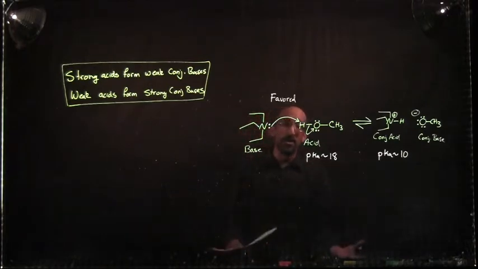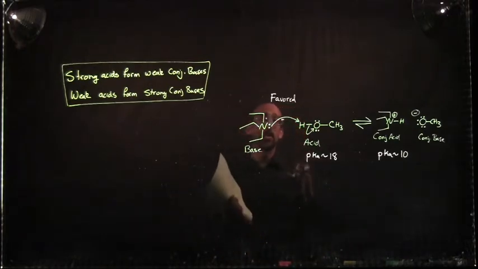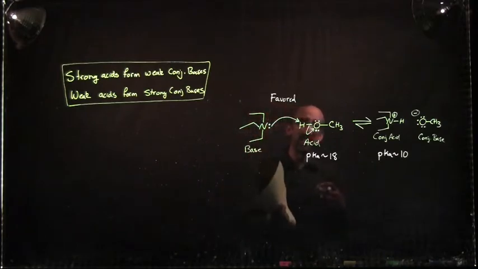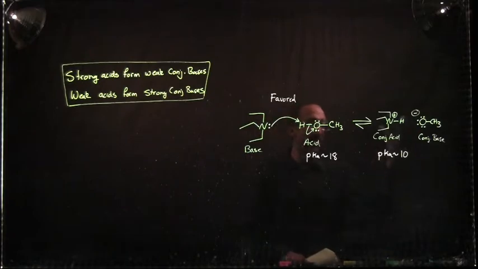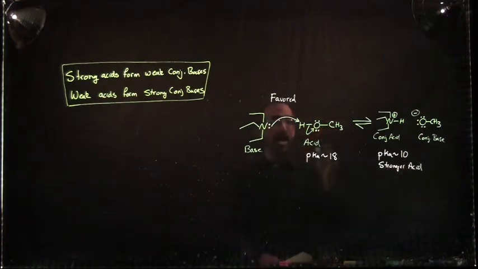We can then further compare the strengths of the two acids and two bases that we have. If we look at our conjugate acid, it has the pKa of 10 relative to our starting acid, which has a pKa of 18. We would say that this is the stronger acid, and that methanol was our weaker acid.